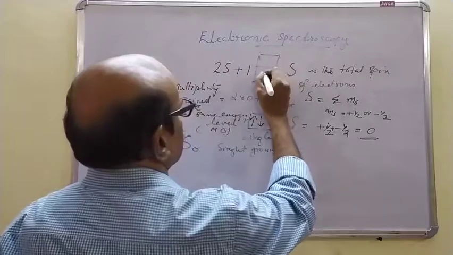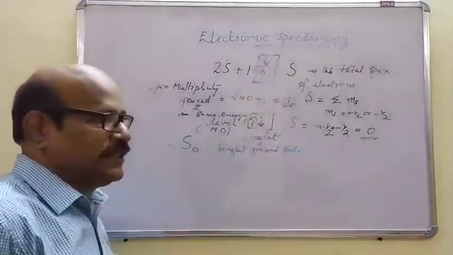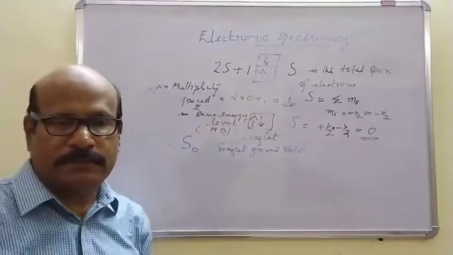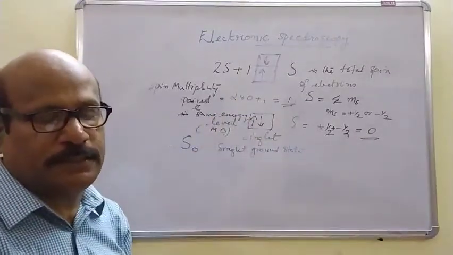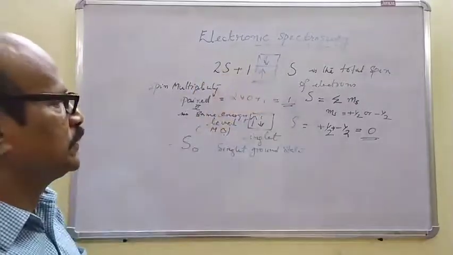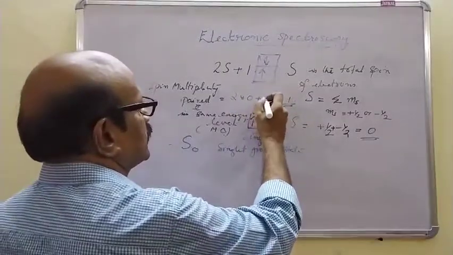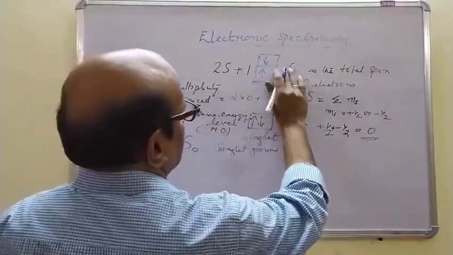In this situation it is still anti-parallel, but in different MOs. So here also it is a singlet state, that is 2 into 0 plus 1.